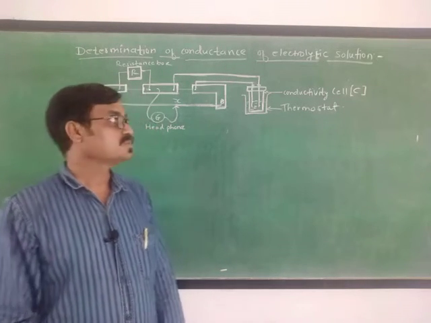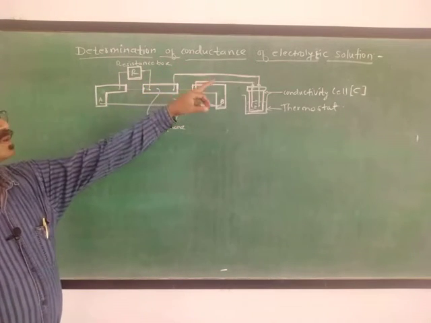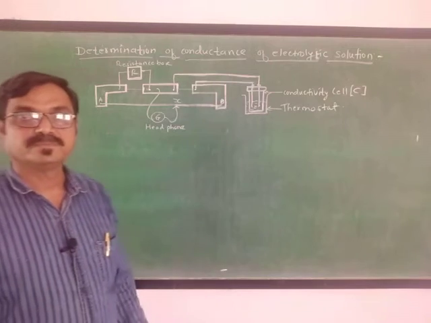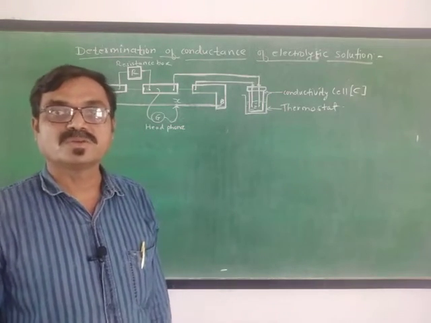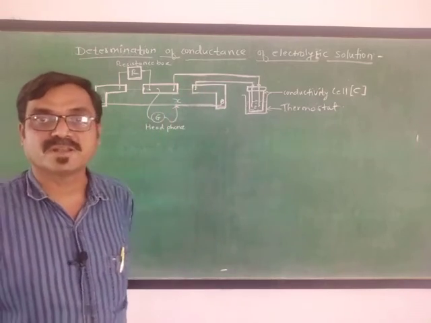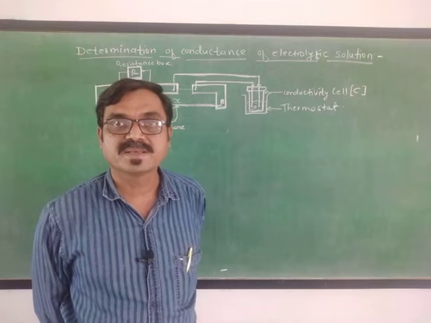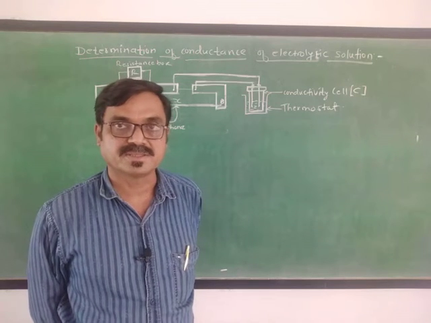Today we are going to see determination of conductance of electrolytic solution. In order to determine the conductance of electrolytic solution, first of all we must know the relationship between resistance and conductance.